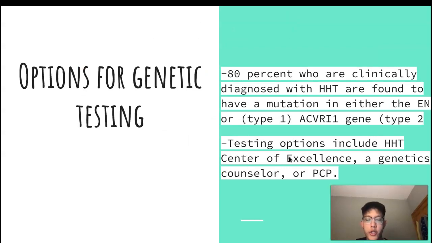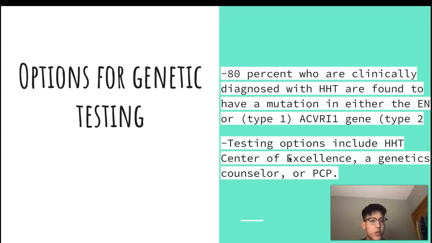Finally, options for genetic testing. This is pretty straightforward. 80% of those who are clinically diagnosed with HHT are found to have a mutation in either the ENG type 1 or the ACVRL1 gene type 2. This comes as no surprise because we talked about the mutations involved in HHT, and clinical data reflect this.